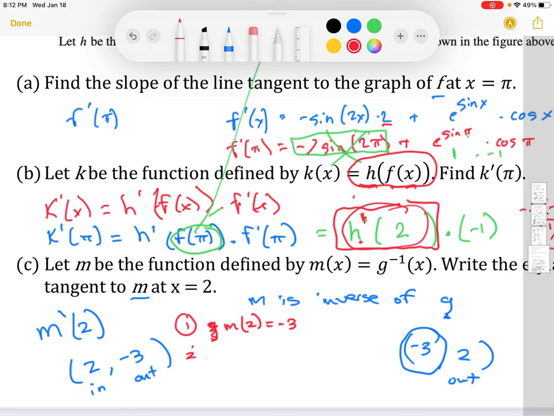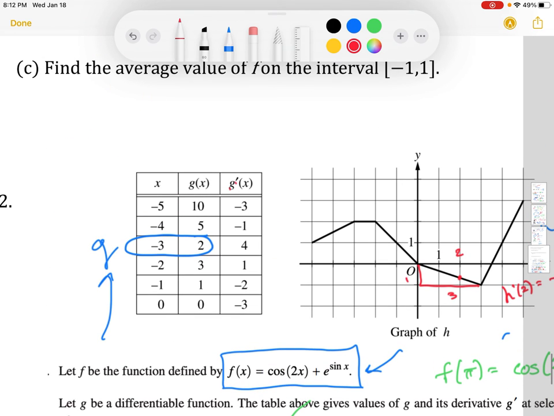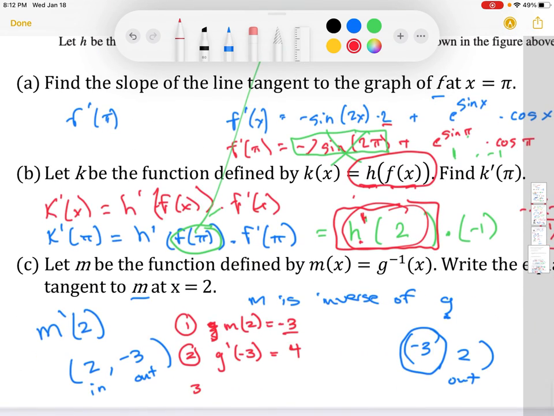So step 2 would be to find g prime of -3. So take this value and plug it into the normal. So remember, the normal is g. So the inverse of g is m. So if I go back up here and go g prime of -3, end up with 4. So this is 4. And then step 3 would take the reciprocal of that, which is 1/4.